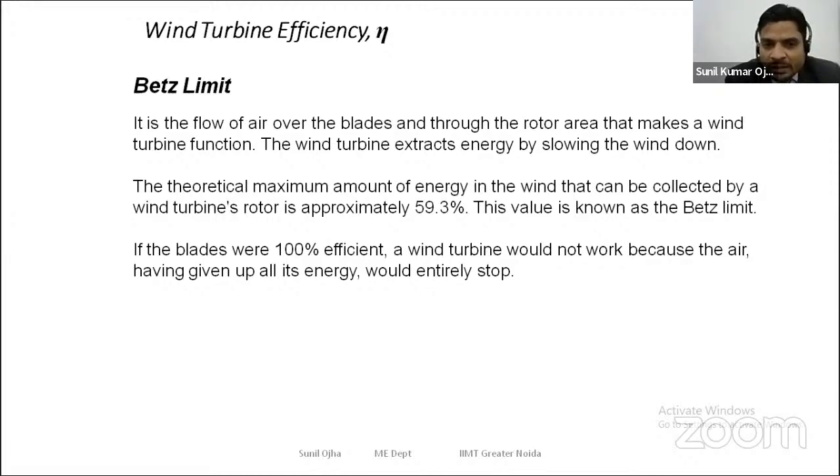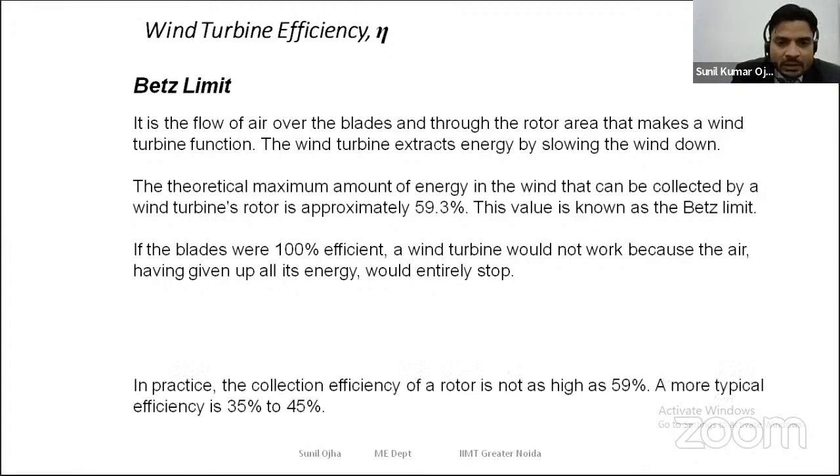If we did, the wind turbine would not be able to work, because the air would give up all its energy and stop entirely. So we are not able to extract 100% of the energy. That limit is the Betz limit, 59%.